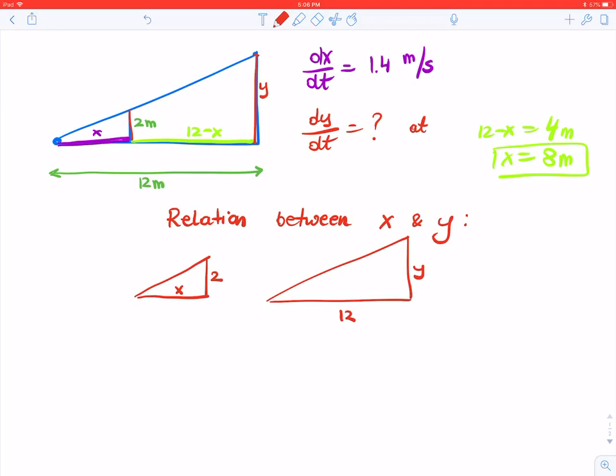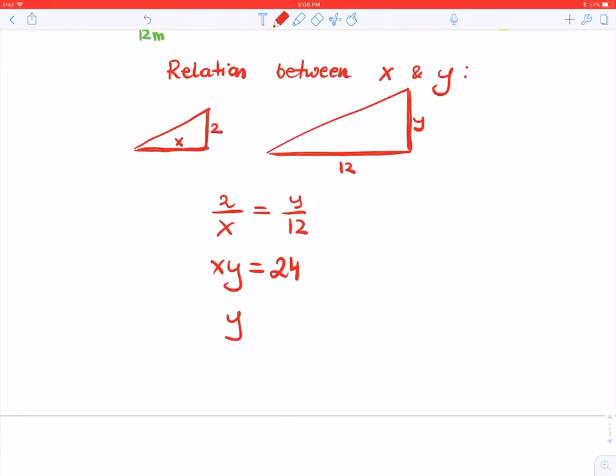Then 2 over x is the same as y over 12. Height over base, height over base. Let's solve this equation for y. I will cross multiply, x times y equals 2 times 12, which is 24, and then dividing by x, I have my equation for y: y equals 24 over x.